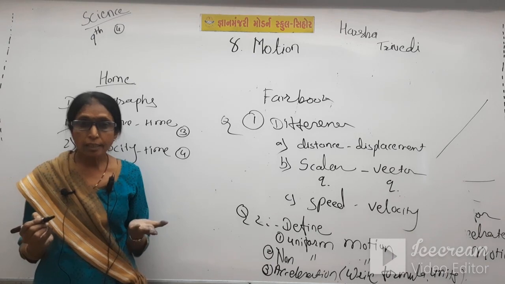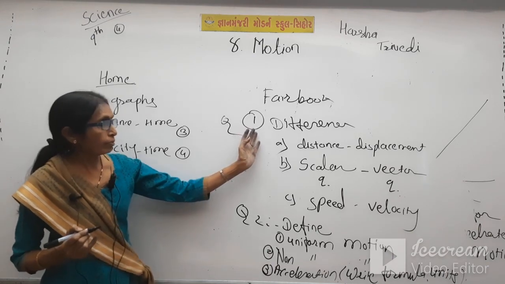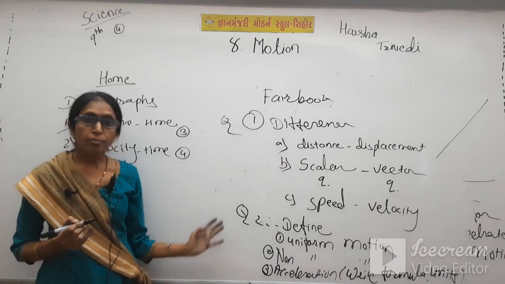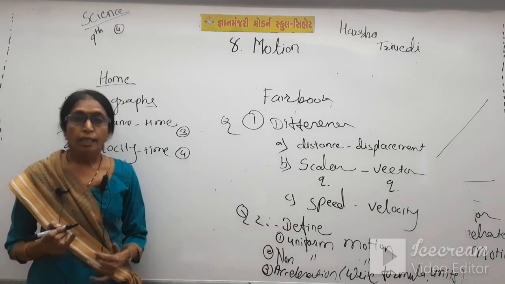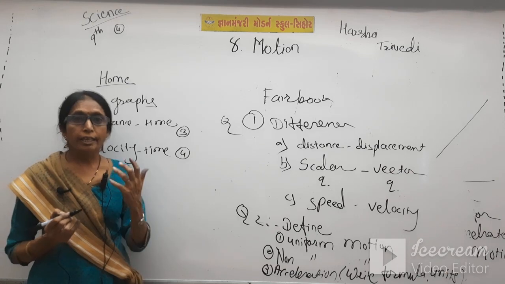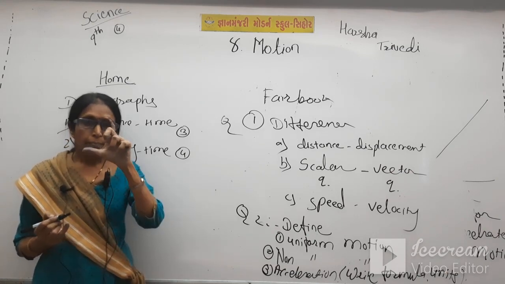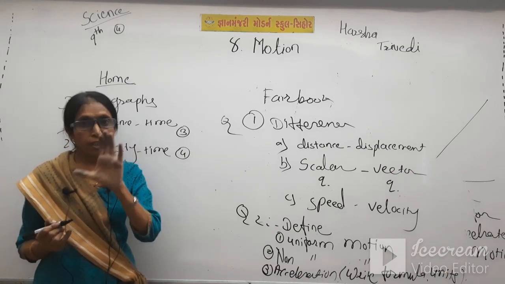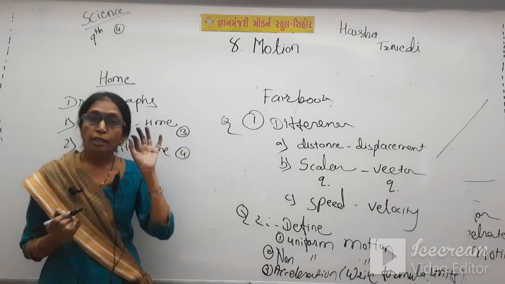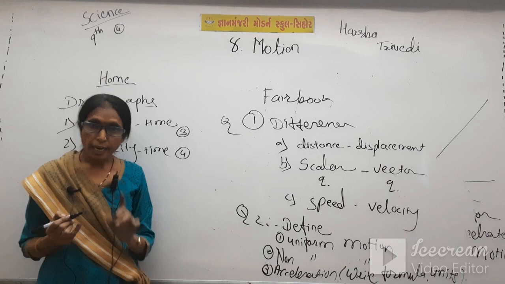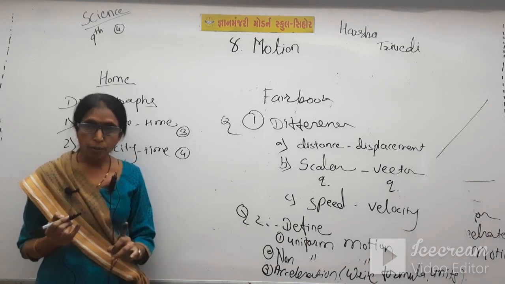So what are the things for the fair book? Question number 1, differences. Question number 2, definitions, and question number 3, draw these situations on graph paper, make small pieces and paste those pieces in your fair book. Start writing your fair book.